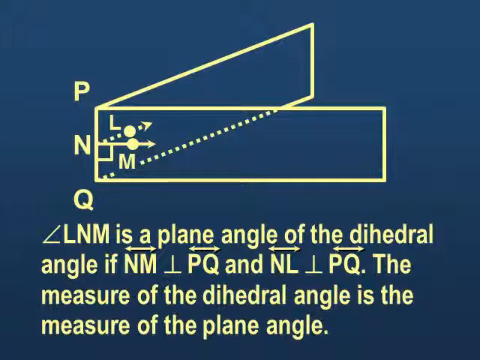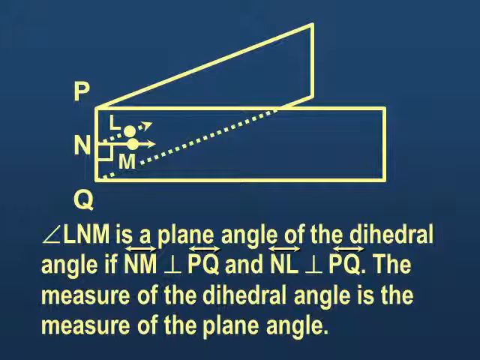And then NM is perpendicular to PQ, then NL is perpendicular to PQ, right? PQ is a line, a segment, right? The measure of the dihedral angle is the measure of the plane angle in this case.